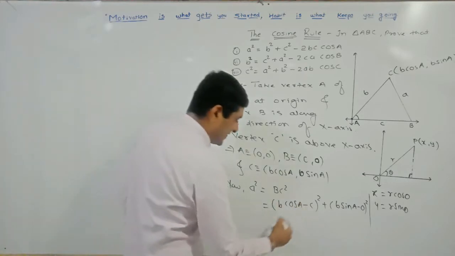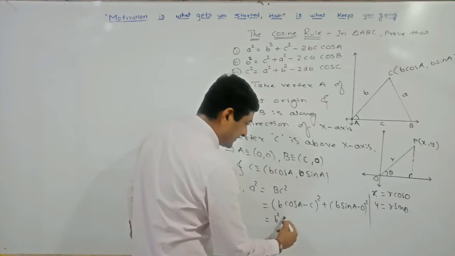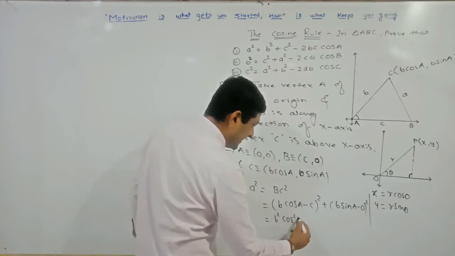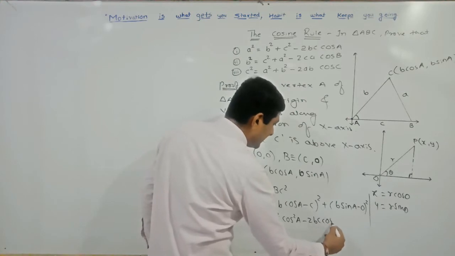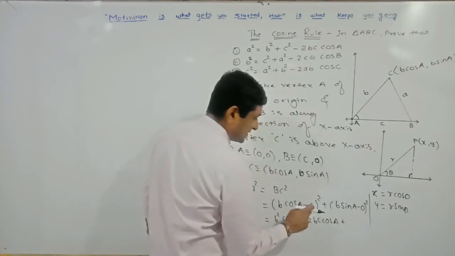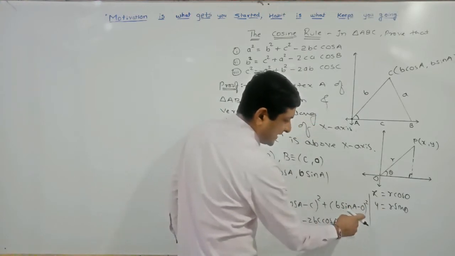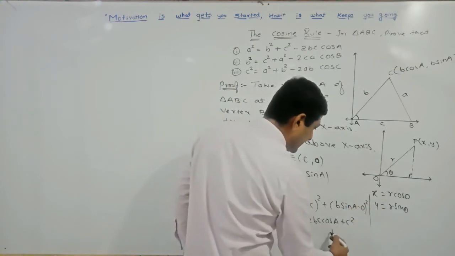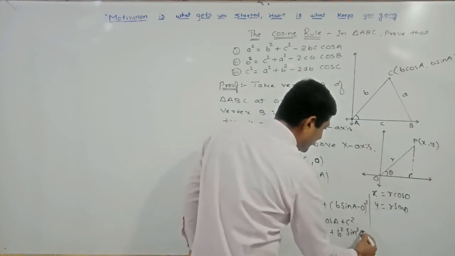So first we are finding the expansion of the first bracket. What will be its expansion? B square cos square A minus 2bc cos A plus c square. And here the difference of these two terms is B sin A, and the square of B sin A can be written as B square sin square A.